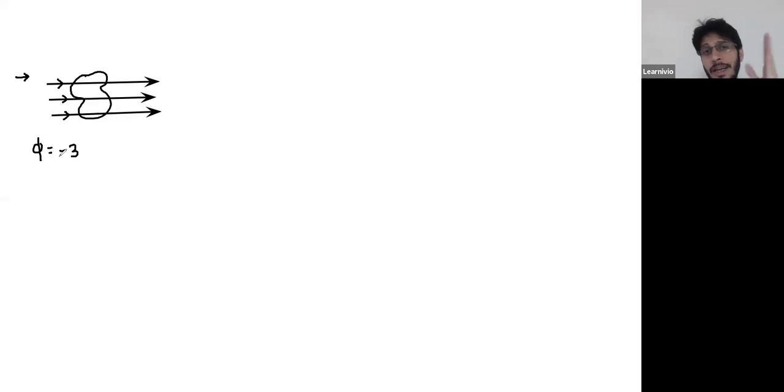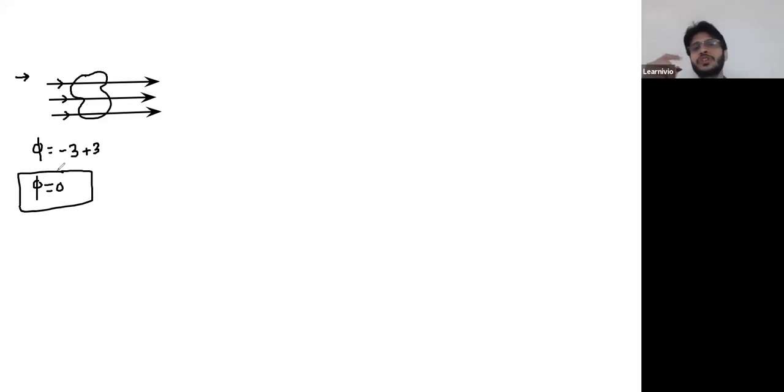Entering flux is considered as negative, so that's -3. Then 3 field lines are leaving this closed surface, so flux is simply +3. So the total flux crossing this closed surface is 0.